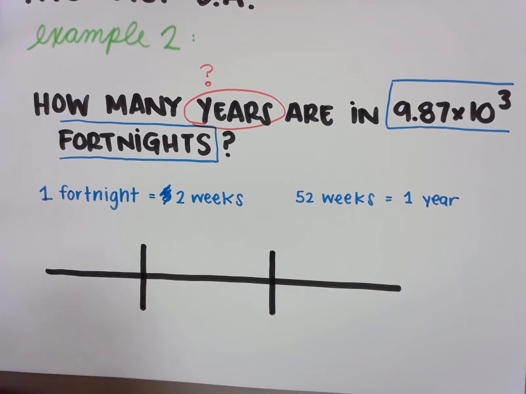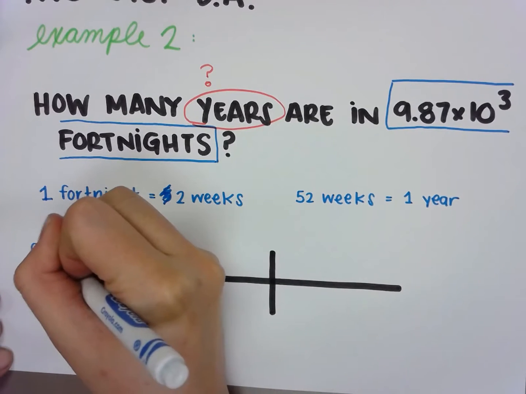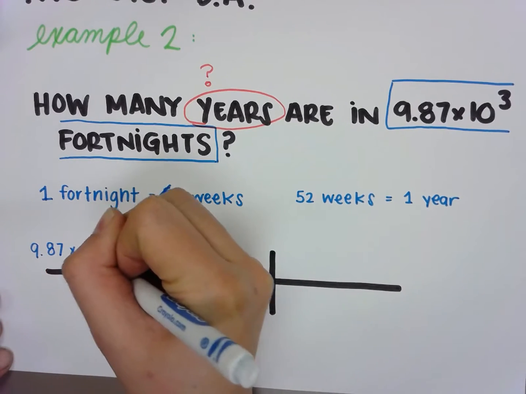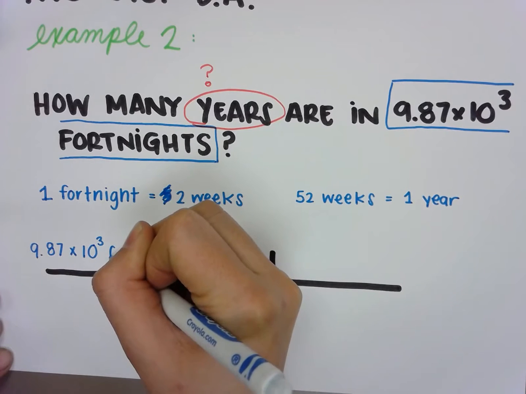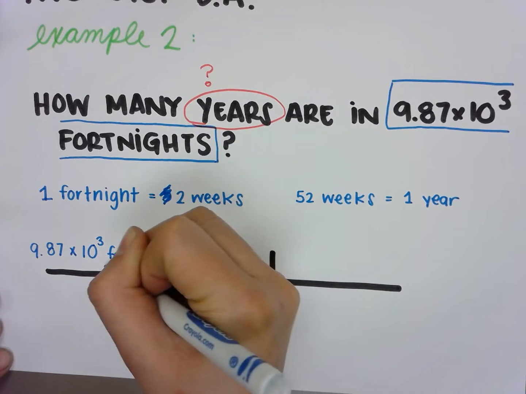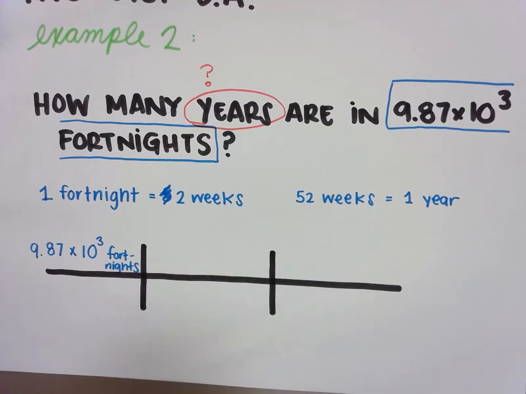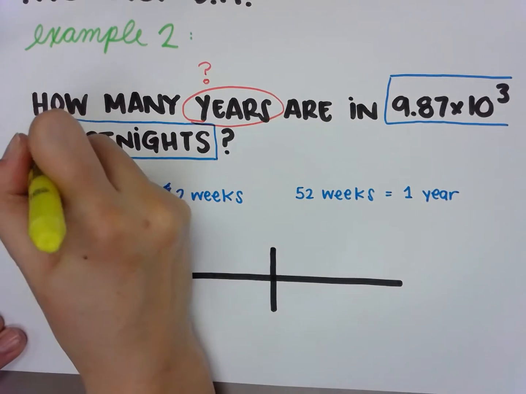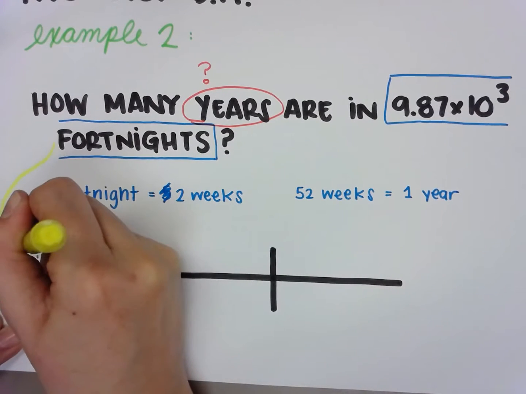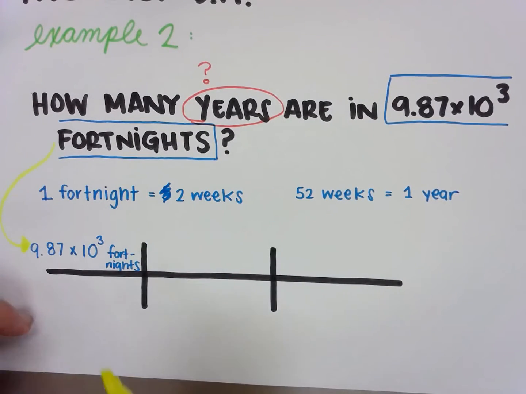I'm going to plug in 9.87 times 10 to the third fortnights, writing it small enough to fit there. This is what I'm given, so this is where I'm starting, and to make sure you understand where I got this number from, I'm drawing this arrow from the problem.